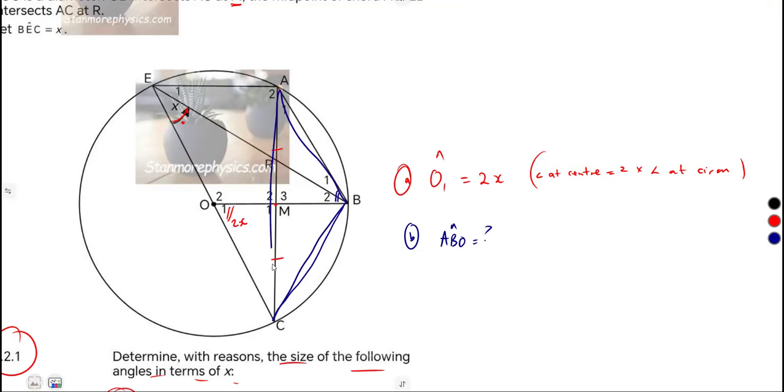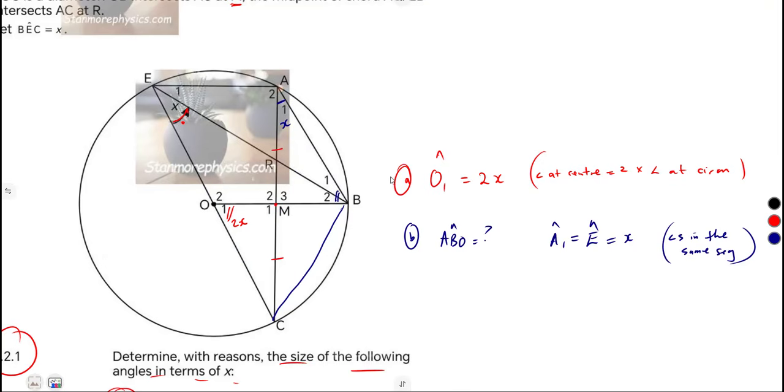We can have angle A. Angle A is same as angle E, angles subtended by the same chord or angles in the same segment. So this angle A1 is going to be equal to angle X, which is angle E. So that's X. So we're talking about angles in the same segment there.